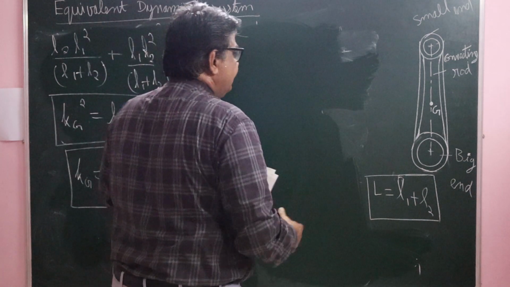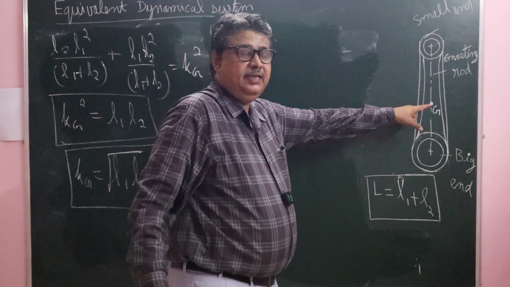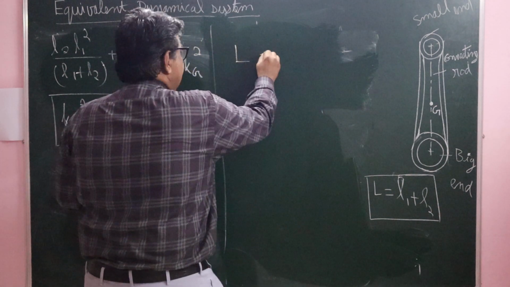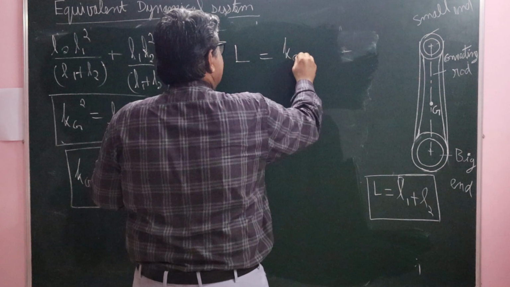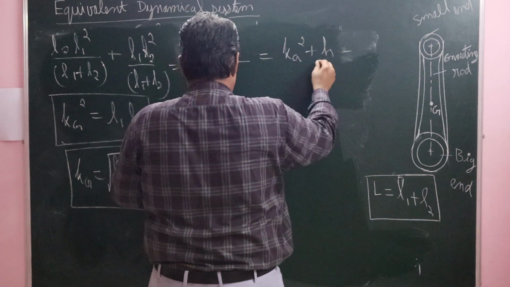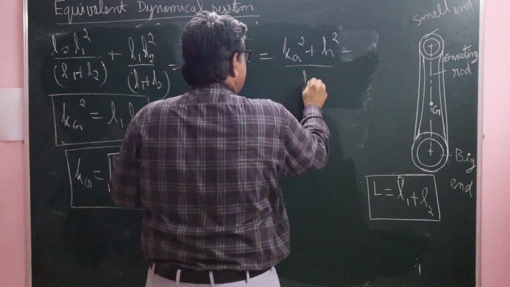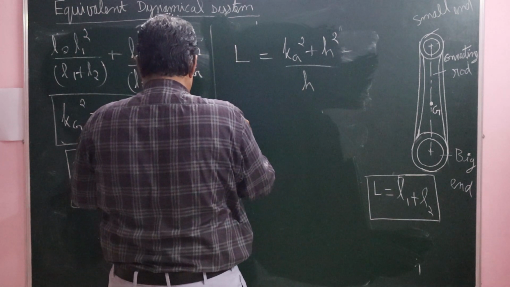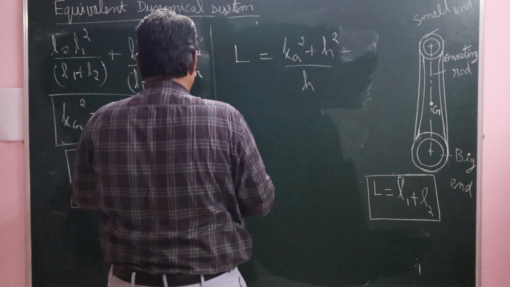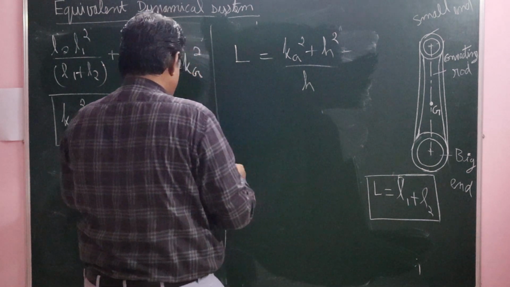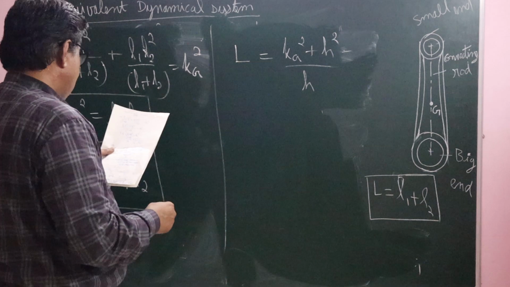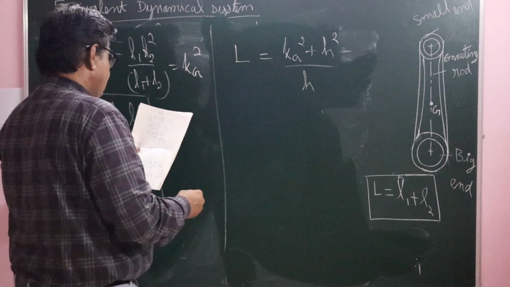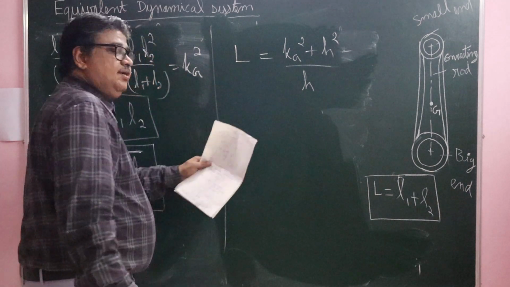We can consider the connecting rod as a compound pendulum. Therefore, L is equal to (kg square plus h square) divided by h, where h is called the center of percussion.